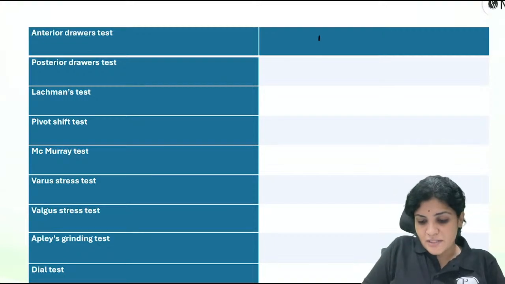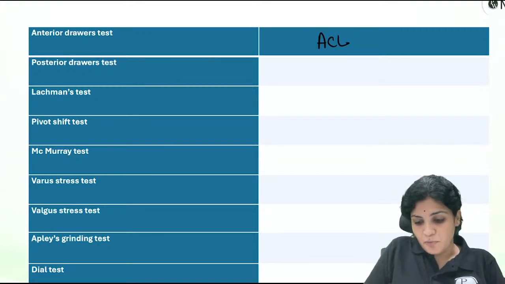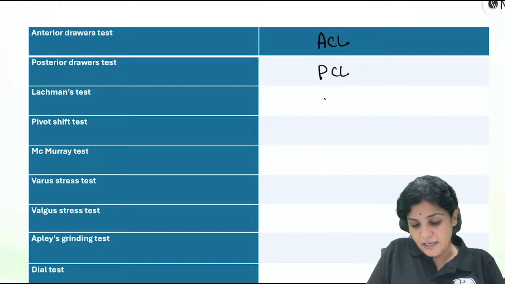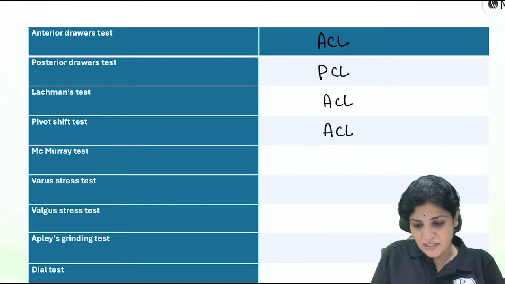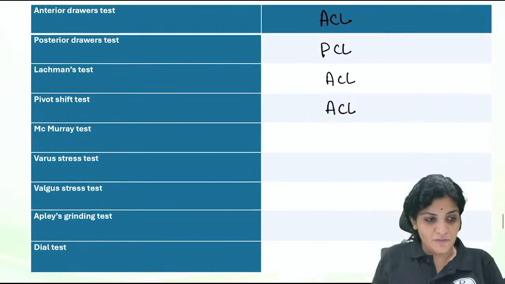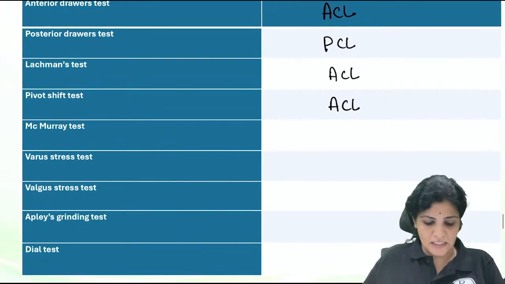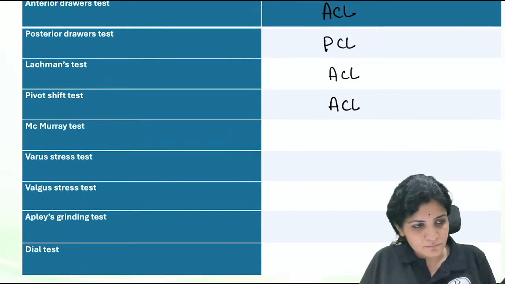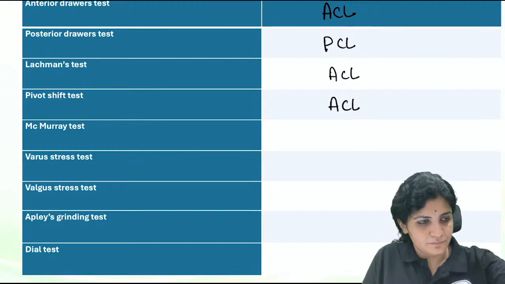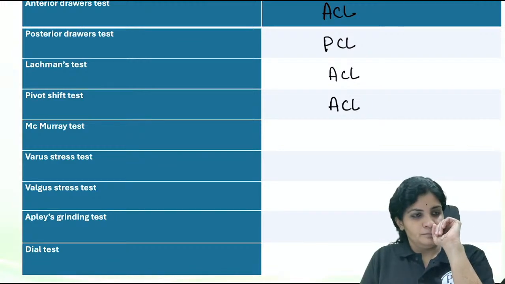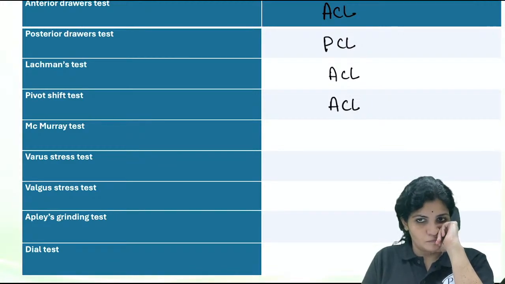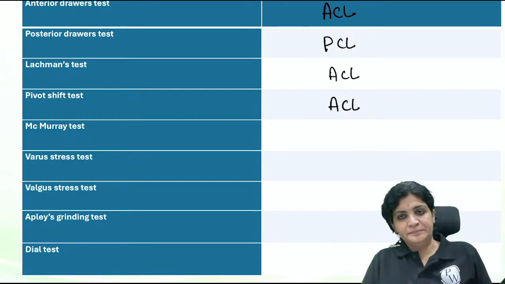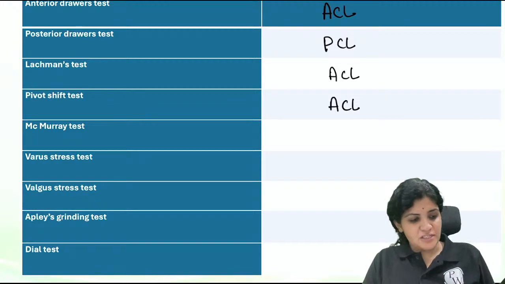So anterior drawer test is for ACL, posterior drawer test is for PCL, Lachman's test is for ACL, pivot shift as we have discussed is also ACL, and now you have to tell me what is McMurray's test. What is McMurray's test for?